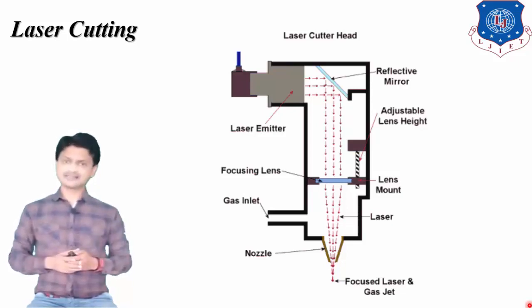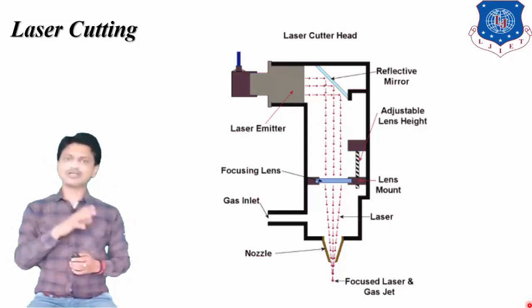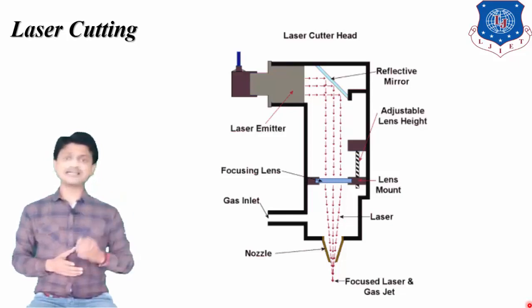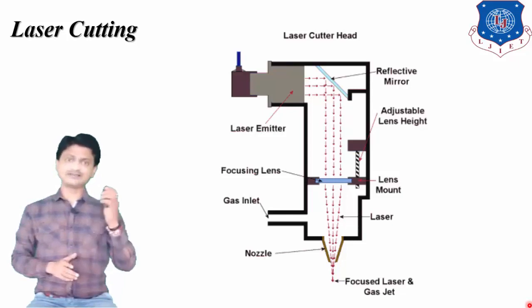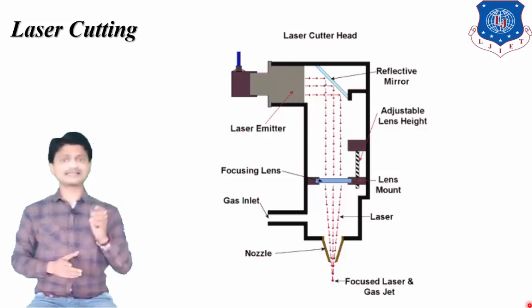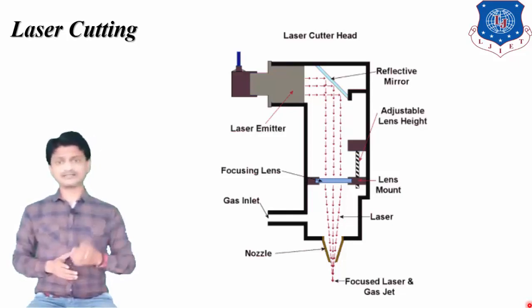There are some advantages of laser cutting: it has high precision, high quality edges, and no physical contact between the workpiece and the cutting tool. It is a good advantage of this laser cutting method. There are some applications of this method.